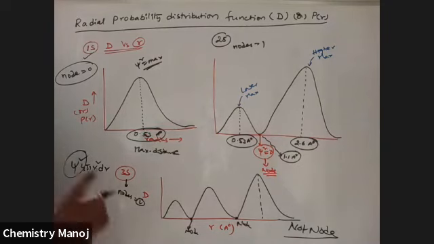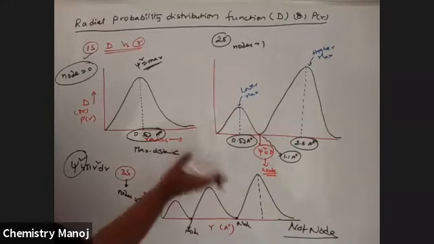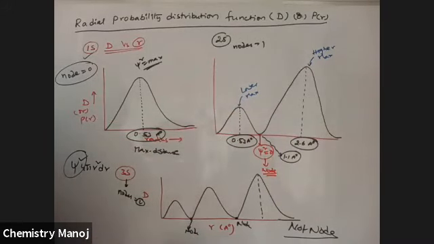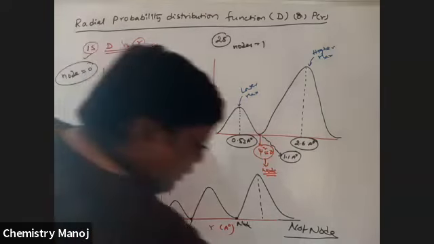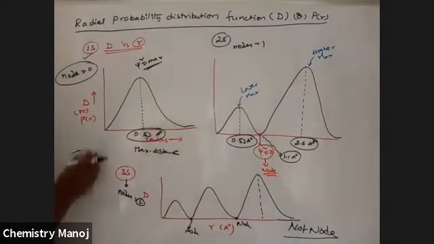That means the psi square value is only on the positive side. Psi has both positive and negative values, but psi square is only positive, and that's why the line goes only on the positive side, not downward. Negative lines are not available for this D function.